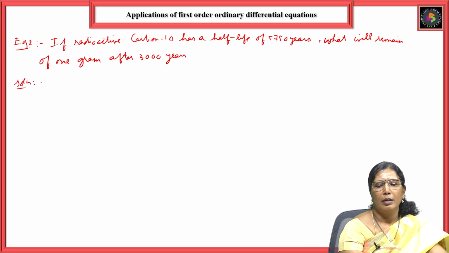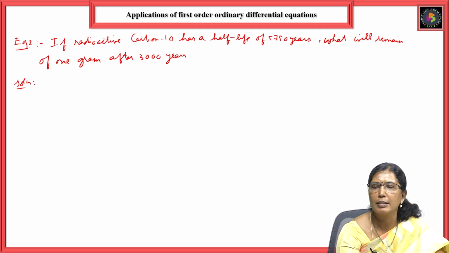So now, if radioactive carbon-14 has a half-life of 5750 years, what will remain of 1 gram after 3000 years?